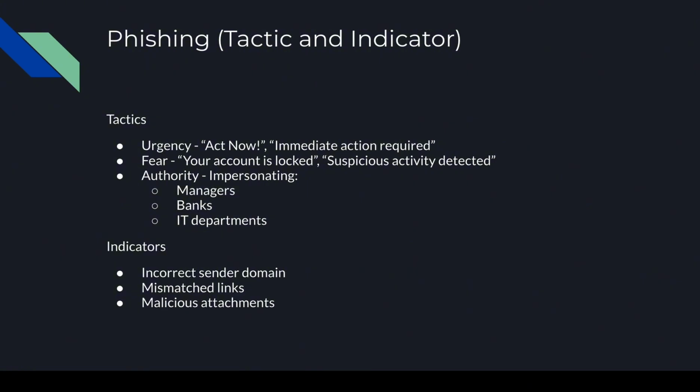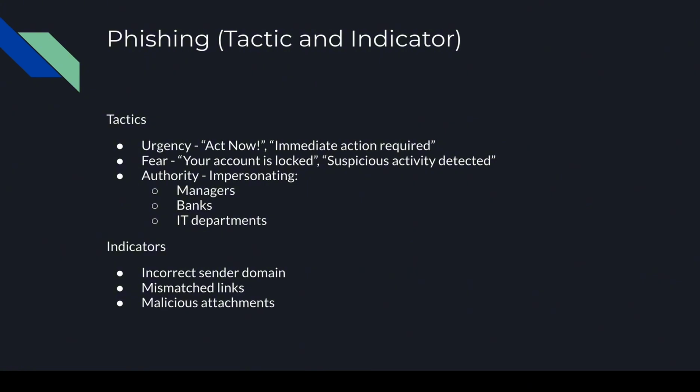So they're psychological tricks. They're not proof of phishing on their own, but they are there to exploit your emotion, not technology itself. Now, an indicator, on the other hand, is the red flag, basically proof of phishing.